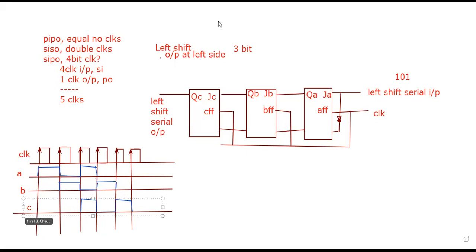So what would be drawn? If it is all 1, then we have to draw like this. For 3 clocks, it would be a big 1, 1 and 1. Then next clock over here to this.